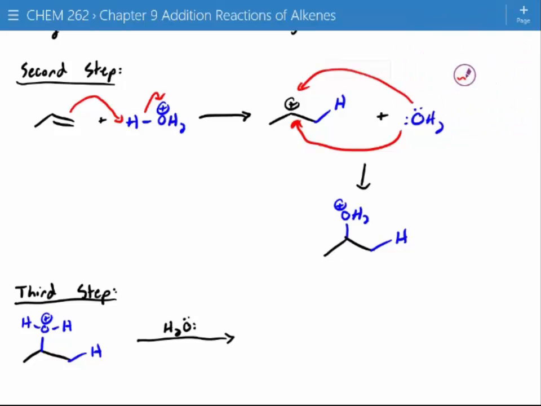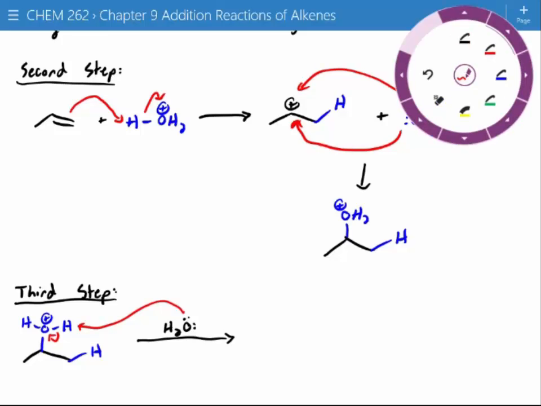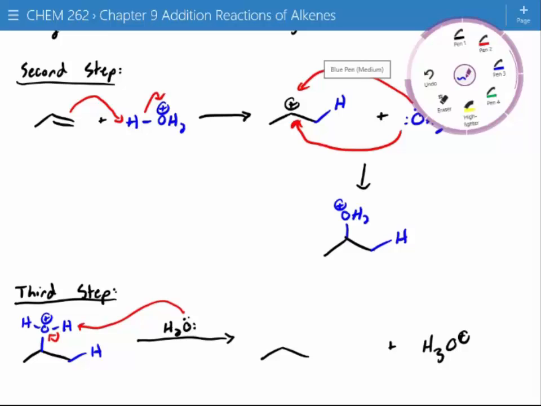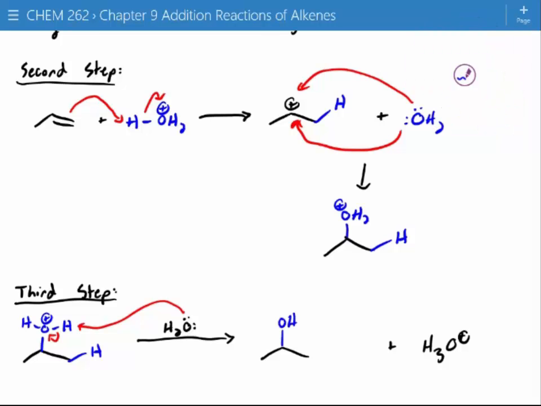This water will reach over, grab one of these protons, and become our new catalytic acid. Let me finish using my black marker here. So we've got OH and H. So the cool thing that we saw with this is that we regenerate our catalyst.